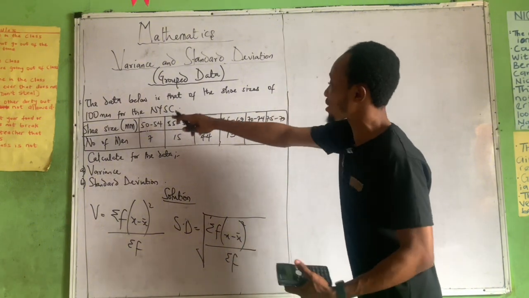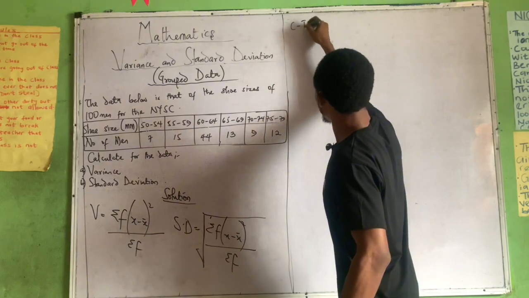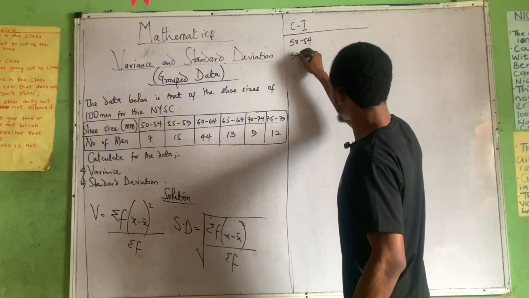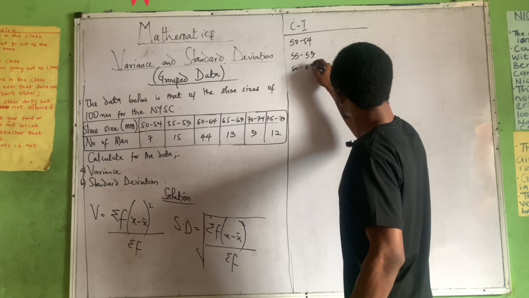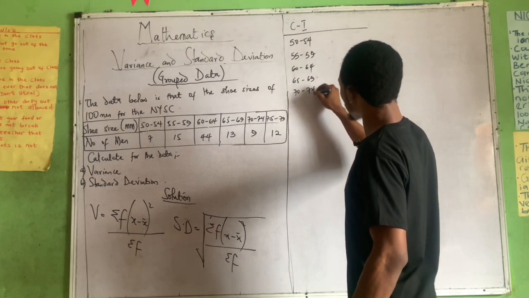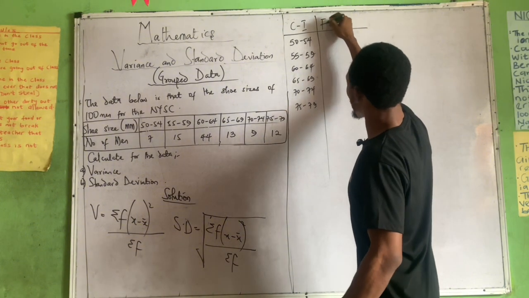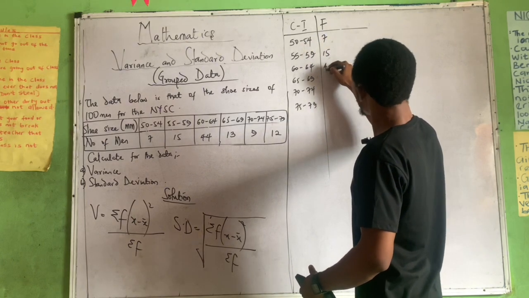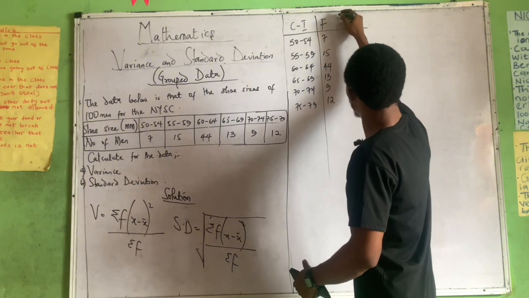We have the class interval here, which is the shoe size: 50 to 54, 55 to 59, 60 to 64, 65 to 69, 70 to 74, then 75 to 79. Now we also have our frequency here: 7, 15, 44, 13, 9, and 12.